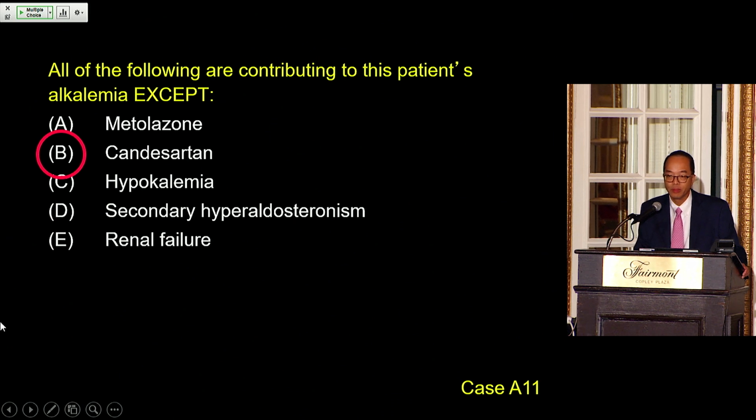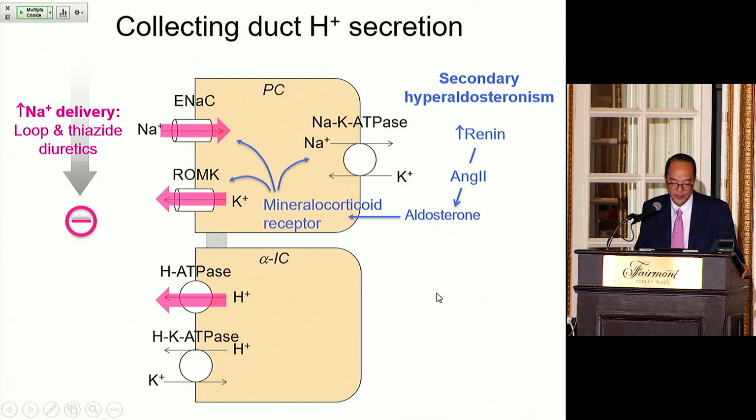Under normal circumstances, we ingest net acid, and so renal failure causes acidosis because you can't excrete it. But in a patient that has alkalosis, the contribution of renal failure is an inability to compensate by excreting bicarb. And so anyone who has alkalosis will have worse alkalosis because they have renal failure than if they did not. So that's the reason why E isn't the best answer.